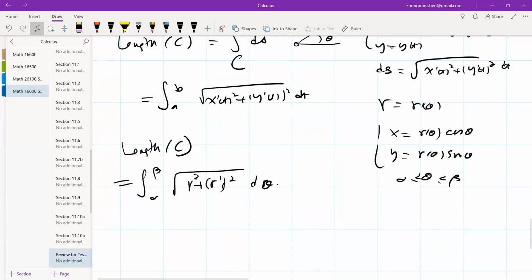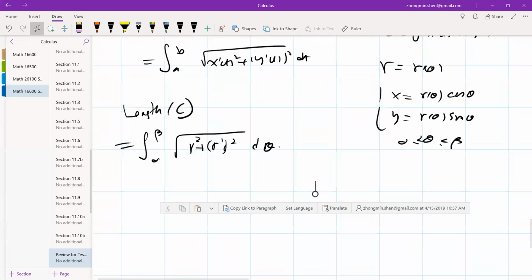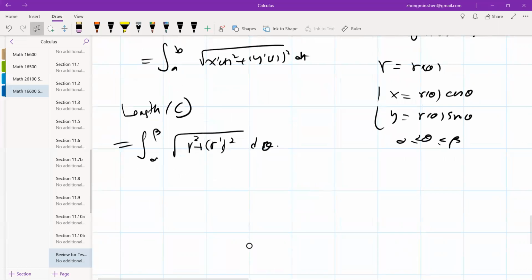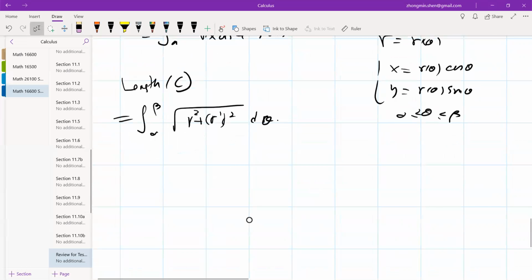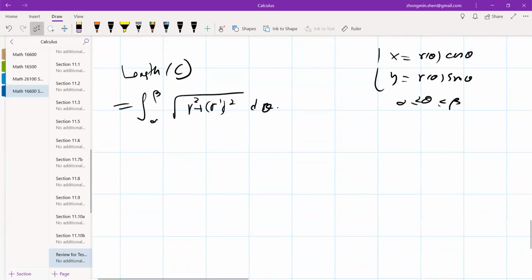You can also use that to find the area formula. Where is the area formula? It's half of the square. If the region is enclosed by a curve which is determined by a polar equation, then you can have another formula for the area.